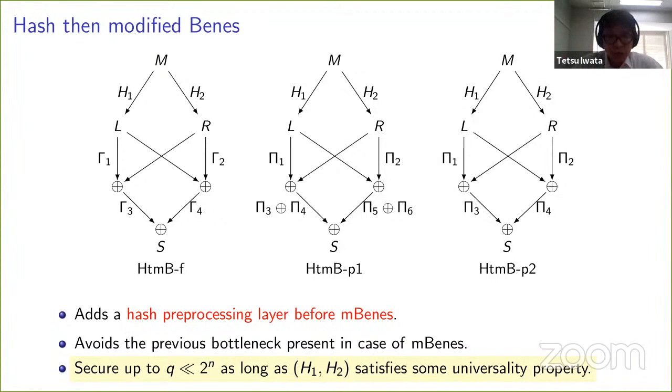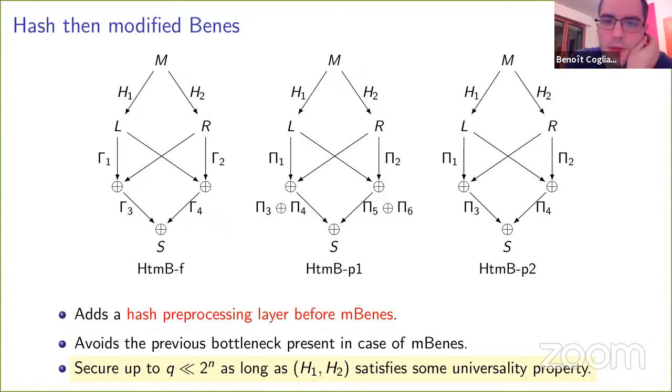Do we have questions? I also have a question. Your construction makes 4 block cipher calls after hashing the message. Do you think you can reduce the number of block cipher calls in the finalization function? For example, by using a 3-round Feistel structure or something like that. I'm not sure we could using a 3-round Feistel.